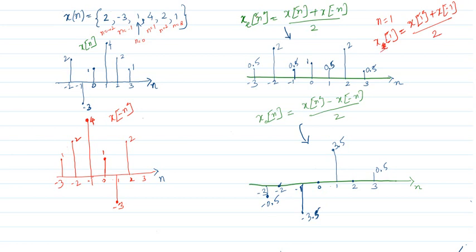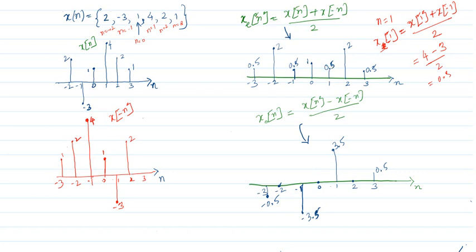Which is x of 1 here? x of 1 is 4. This is x of minus n, so x of minus 1 is, sorry, here it is minus 3. So it is 4 minus 3 divided by 2. It is 1 by 2, or 0.5. That is what I have given. At 1 it is 0.5.